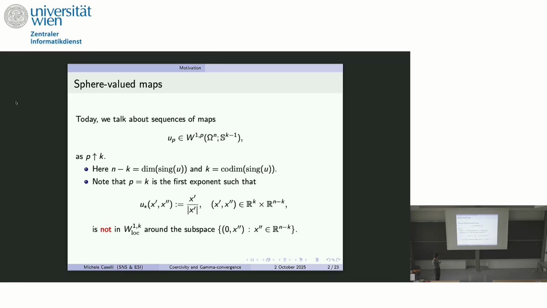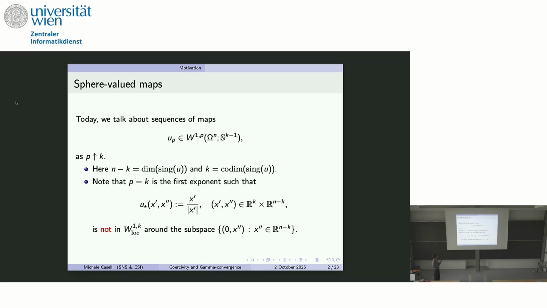Note that p equals k, the dimension of the R^k these spheres sit in, is the first exponent such that the standard vortex with components in R^k and just invariant in the n minus k directions is not in W^{1,k} around the subspace.